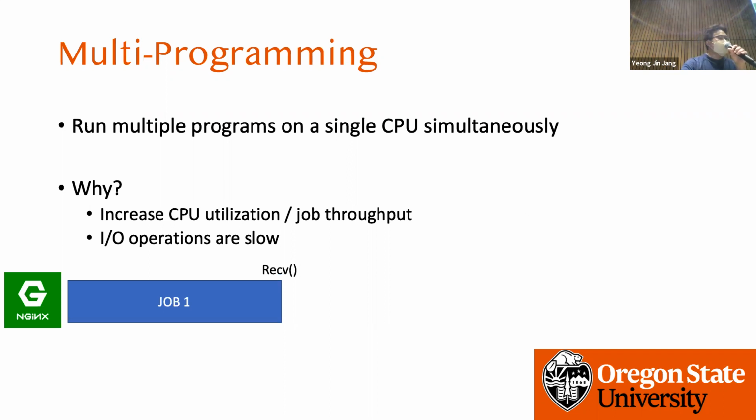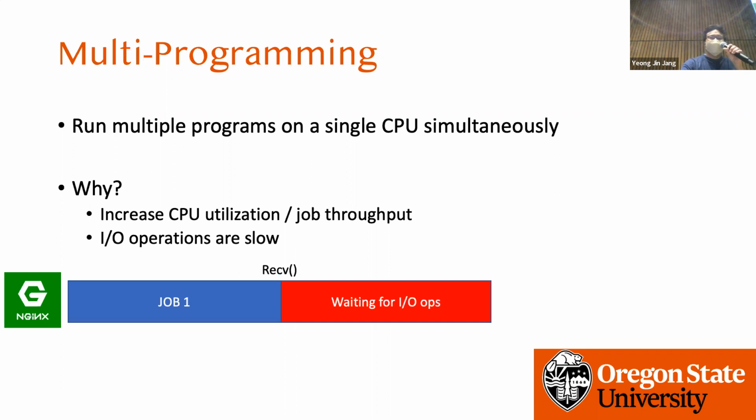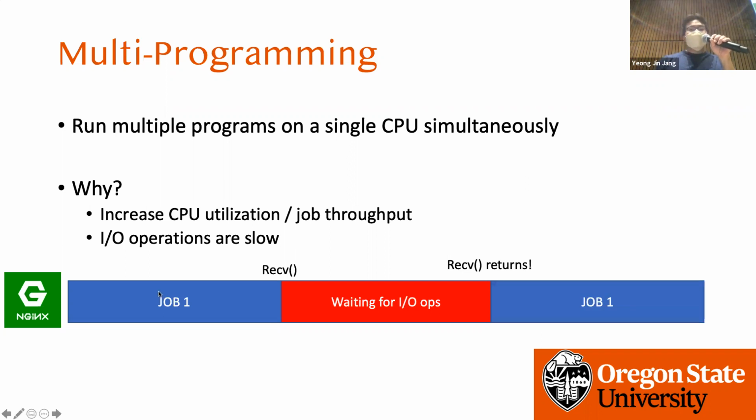That's a system call, and it should wait until the IO operation finishes. All the packets from the internet should come to our system. Then we can deliver that from the kernel to the user, because the user has no direct access to the network card hardware. So from the perspective of the Nginx process, when it calls receive, it should wait until receive returns.